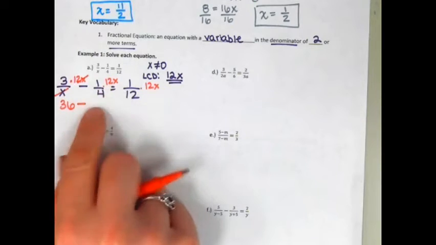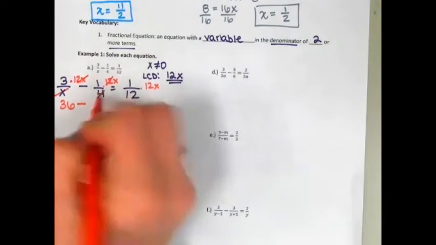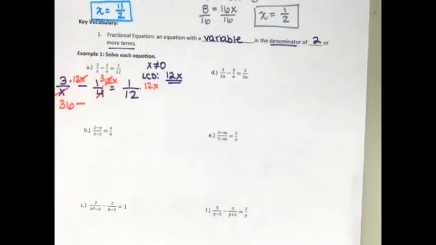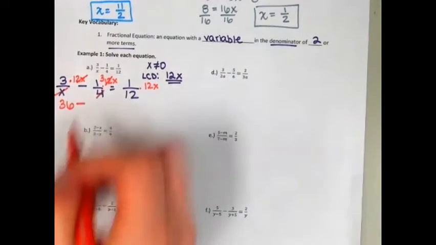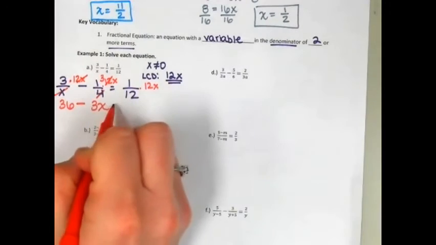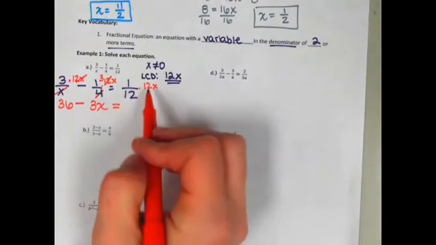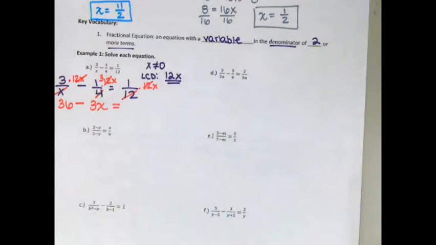What does 12 over 4 simplify to? 3, right? So what is 1 times 3x? 3x equals 1/12 times 12x. What can we simplify there? The 12s, right? Those become 1s. So what's 1 times 1x? x. And there you go.